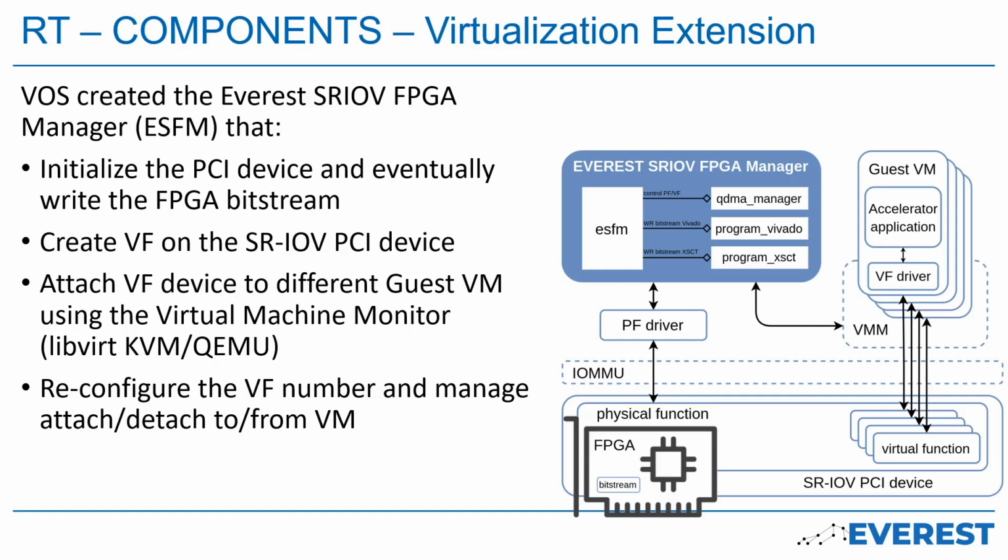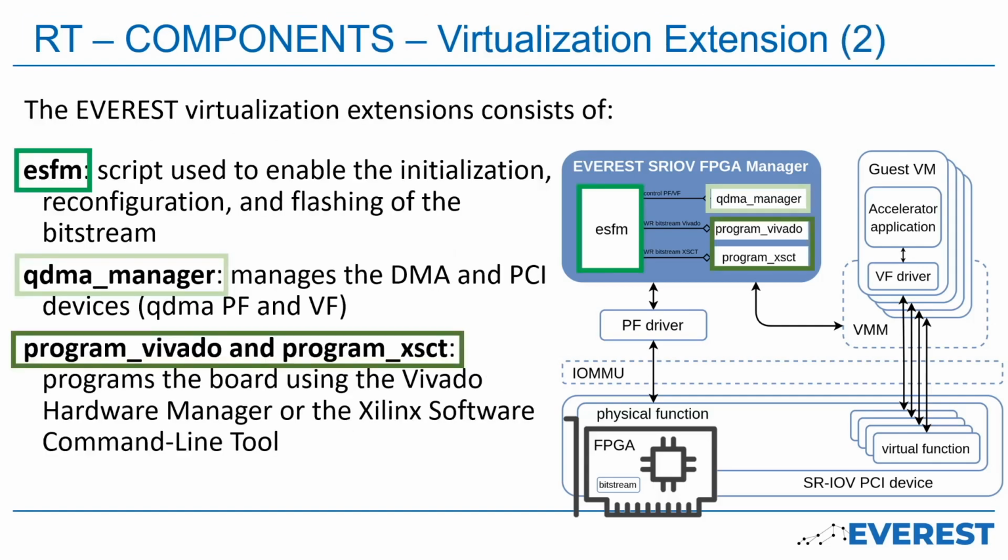Moreover, ESFM can reconfigure the overall number of virtual functions available to the system. The main ESFM components are three. ESFM, which is a bash script that acts as a user program interface. It initializes the system to create the virtual functions and attach them to virtual machines through a technology called device pass-through.